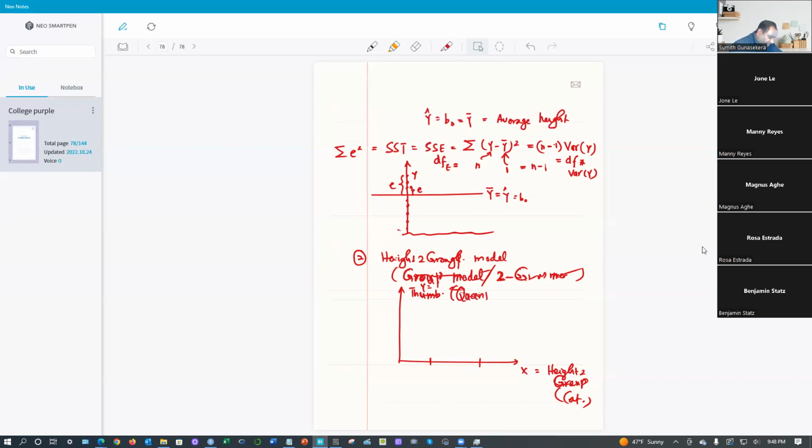Then they have something like this. Remember, this is short and this is tall, two groups, and they went to the average: Y bar of short, Y bar of tall. Then they found the gap, B1. This one is the same as B naught.